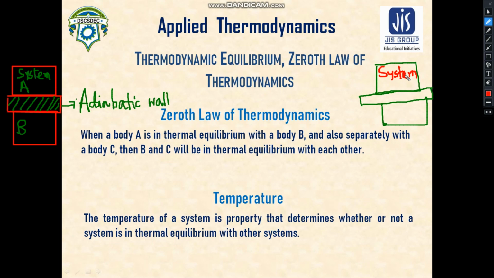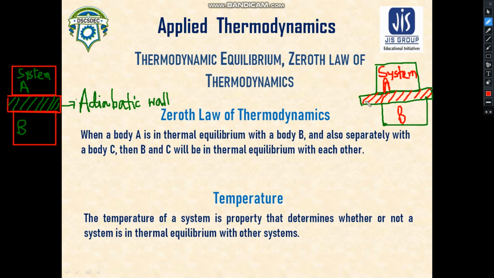A diathermic wall allows heat to transfer from A to B. Let us consider this one as a metallic wall. Obviously we know metals are good conductors of heat.